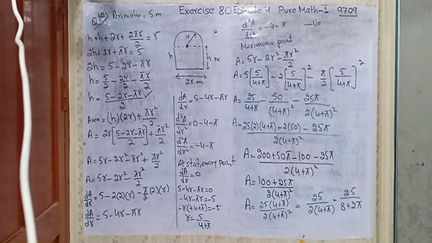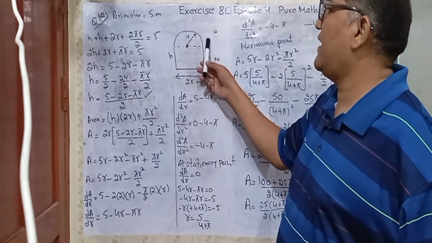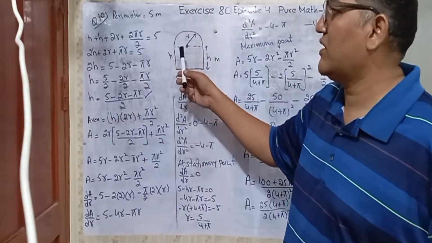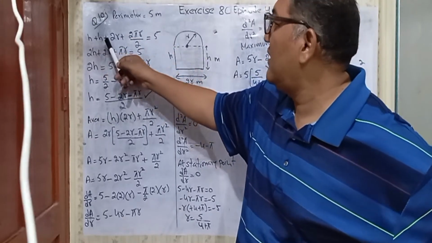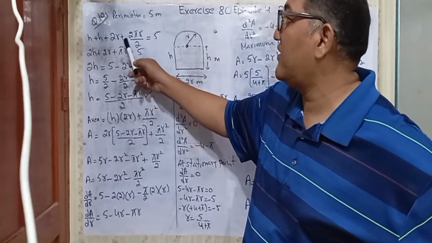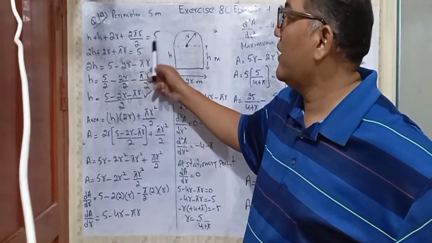Okay, the perimeter of this window is already given to us, that is 5 meter. The perimeter will be this side plus this side plus this side, and this is the arc of the semicircle. So the perimeter is 5 meters. So the height plus height, h plus h, plus 2r, plus the arc of the semicircle, which is 2 pi r by 2, is equal to 5.